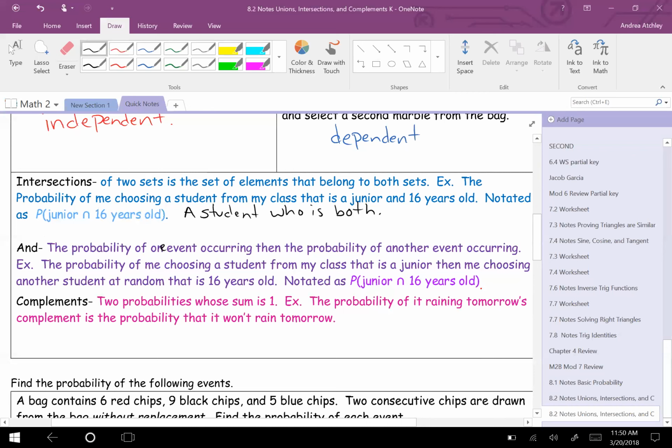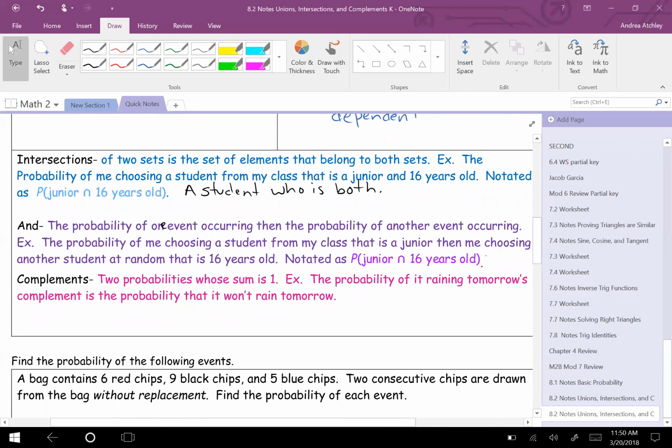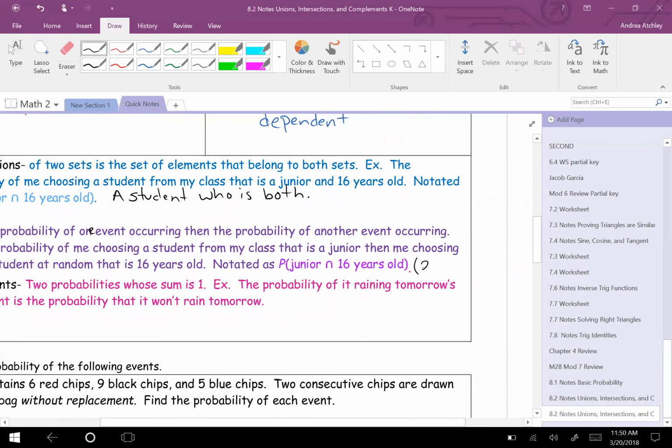So the difference between the action "and" is that "and" has two events. Two people I'm picking, two marbles that I'm pulling, two coins that I'm flipping.